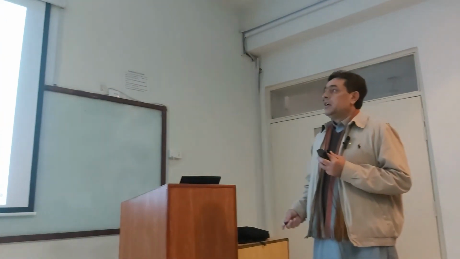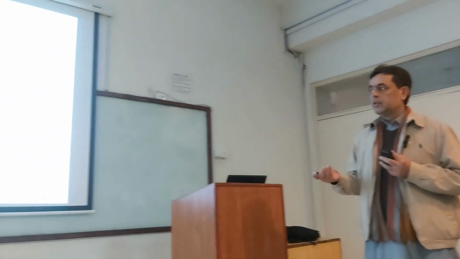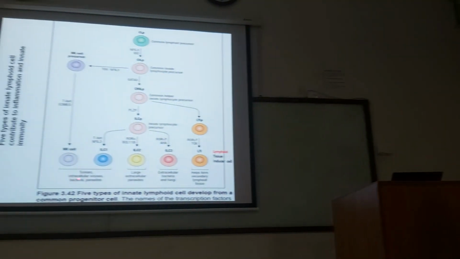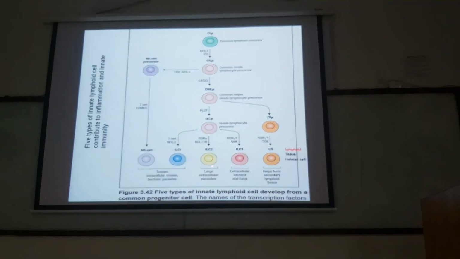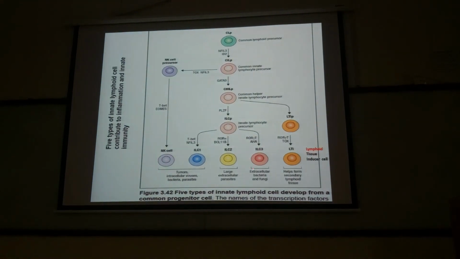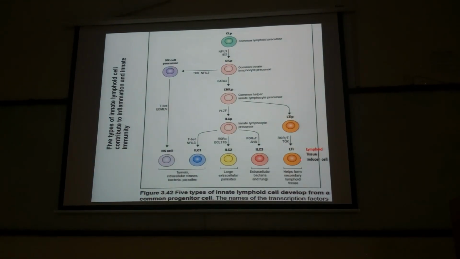Okay? So this is the natural killer cell 1, ILC1 2, ILC2 3, ILC3 4, and LTI 5. These are the 5 lymphoid cells involved in this process of inflammation or the innate immune response.